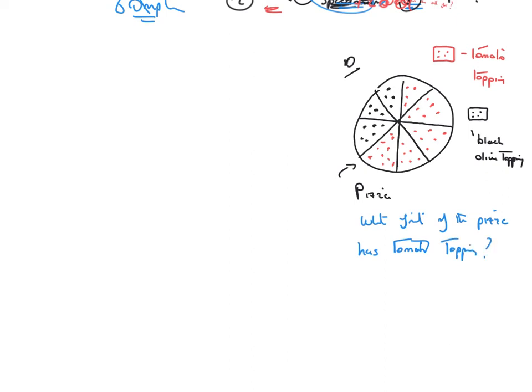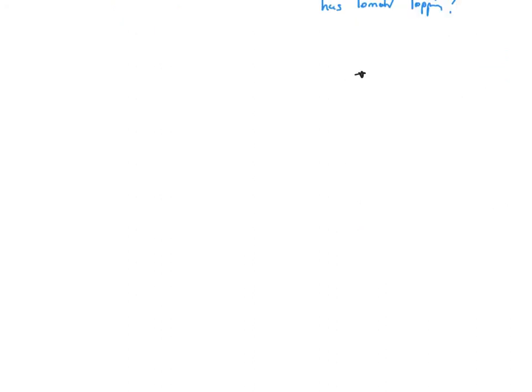Okay, so the pizza is split into 1, 2, 3, 4, 5, 6, 7, 8 bits, so each bit's an eighth. So how many of those 8 bits, those eighths, have tomato toppings? 1, 2, 3, 4, 5 bits, so that's 5 out of 8, 5 eighths.